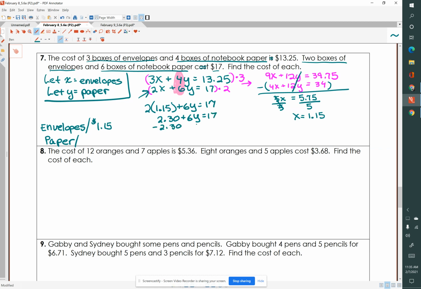Subtract $2.30 from each side. And 6y equals $14.70, excuse me. Divide both sides by 6, and y equals $2.45. And that's the cost of a box of notebook paper. $2.45. And that's your final answer.